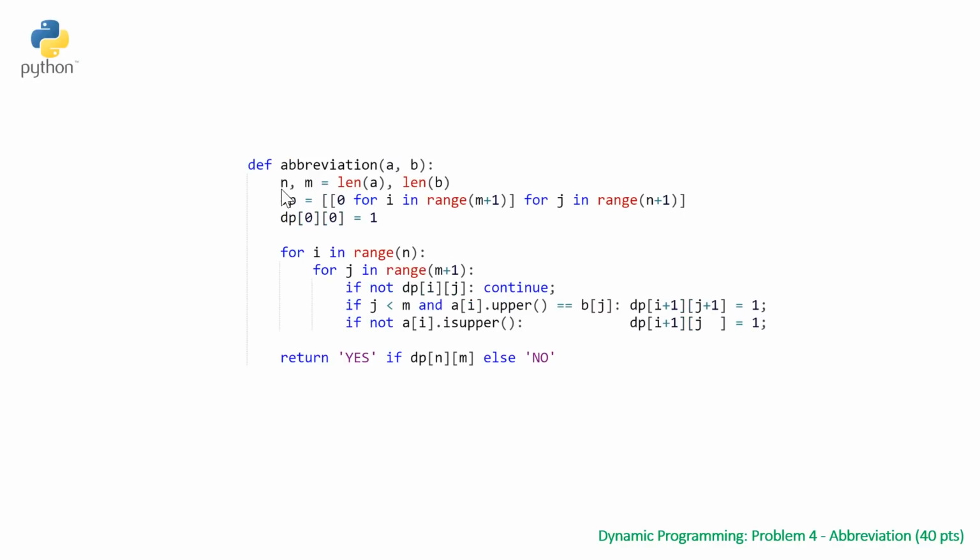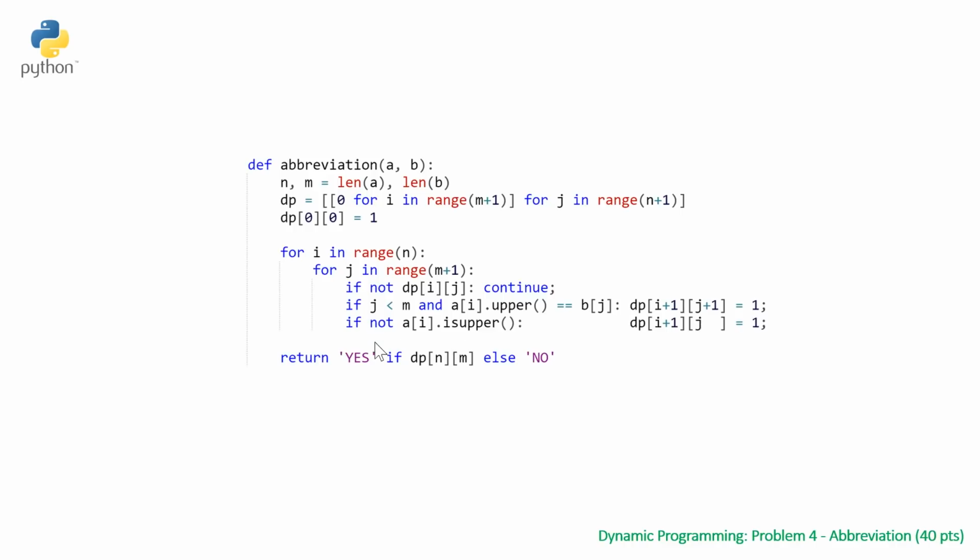At the top, just setting n and m to be the length of A and B, setting up our 2-dimensional list of lists, initializing the index 00 to be 1. Then we have our 2 nested for loops, the same if our dp element at this point is not equal to 1, then continue on, and then the 2 same conditionals: if j less than m, and our current character as it is, or when made upper, is equal to our current character in B, +1 on I, +1 on j, set equal to 1.